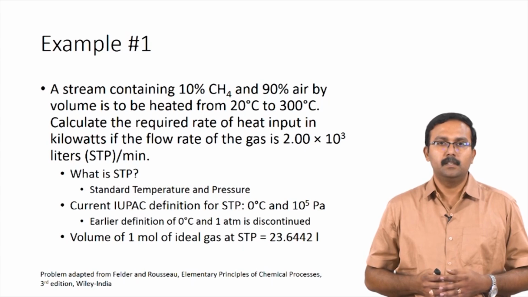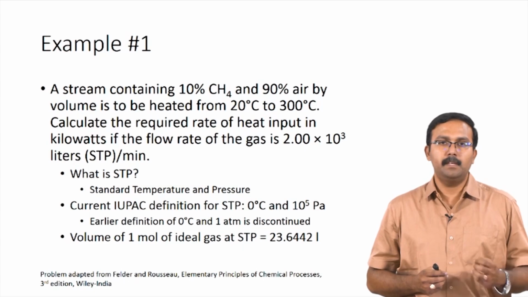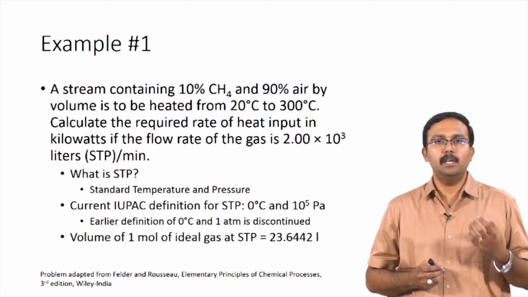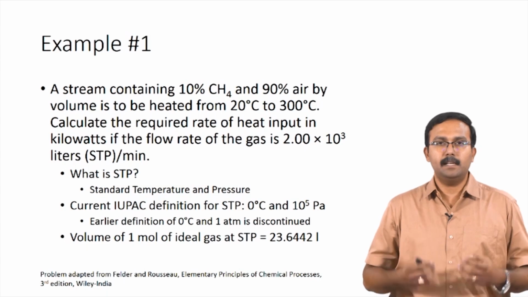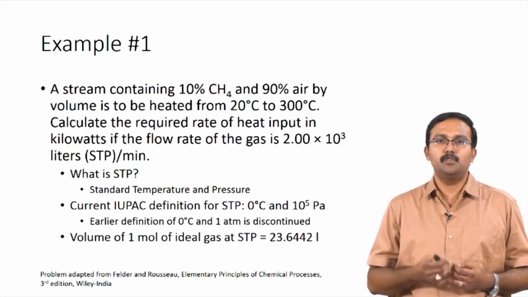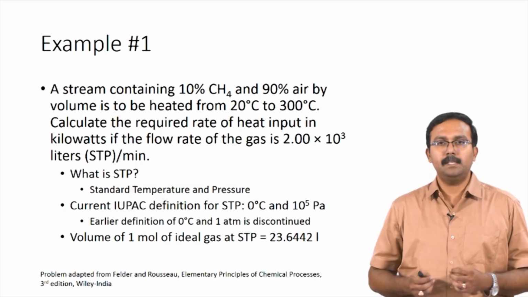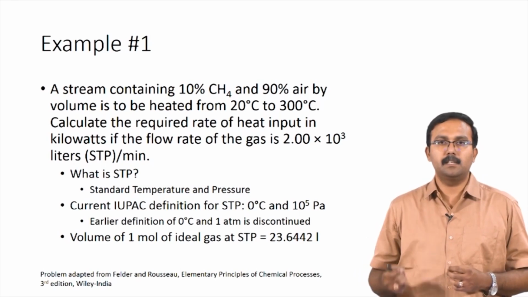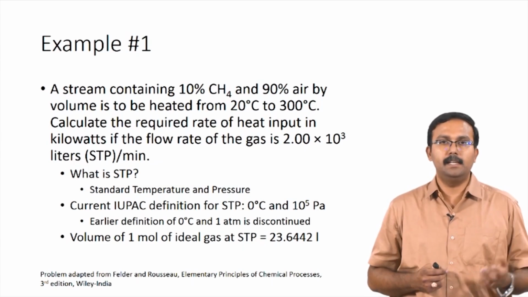23.6442 liters. With all that said, we should also understand why this problem gives the flow rate as liters STP. Here we have to calculate the number of moles which is coming in, and this can be done at STP. Although the inlet condition of the gas itself is not STP, the flow has been given in terms of STP because what it represents is that if this gas were present under STP conditions, it would have a volume of 2000 liters.